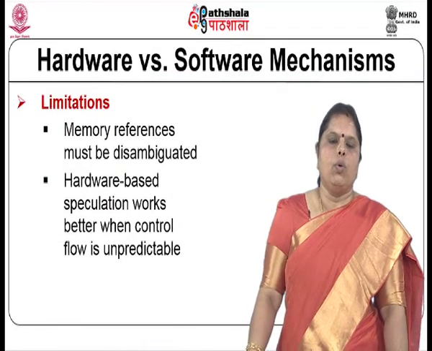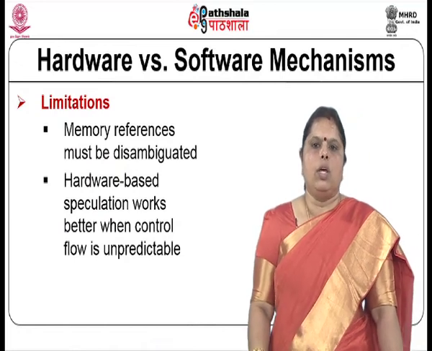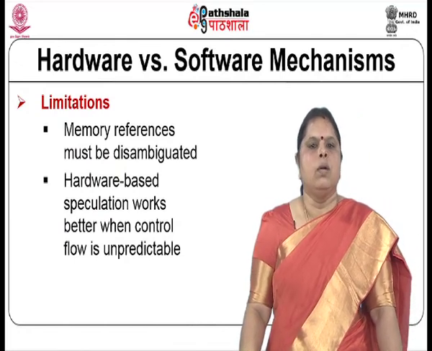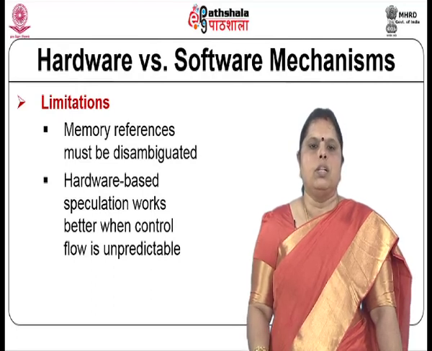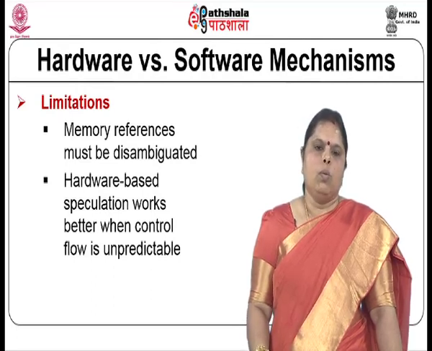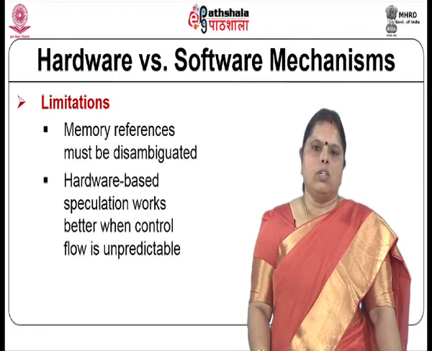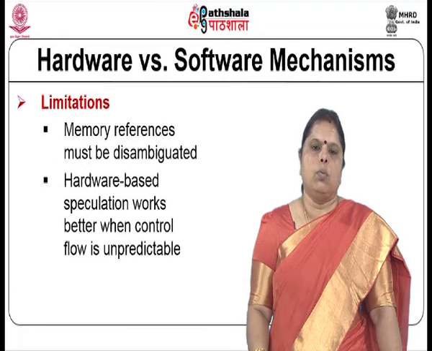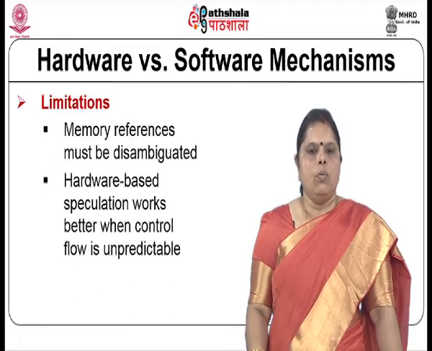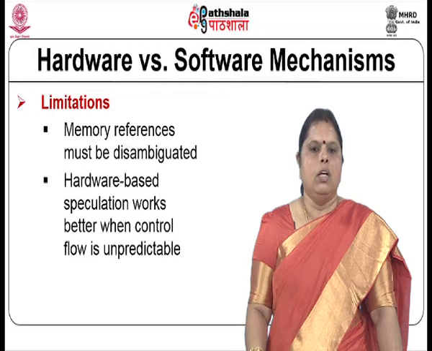So, now looking at the difference between your hardware and software speculation methods. In the case of hardware, it is possible for you to disambiguate memory references, whereas in the case of compiler based speculation or software speculation, you may not be able to do memory disambiguation at compile time. And hardware based speculation works better when control flow is unpredictable.